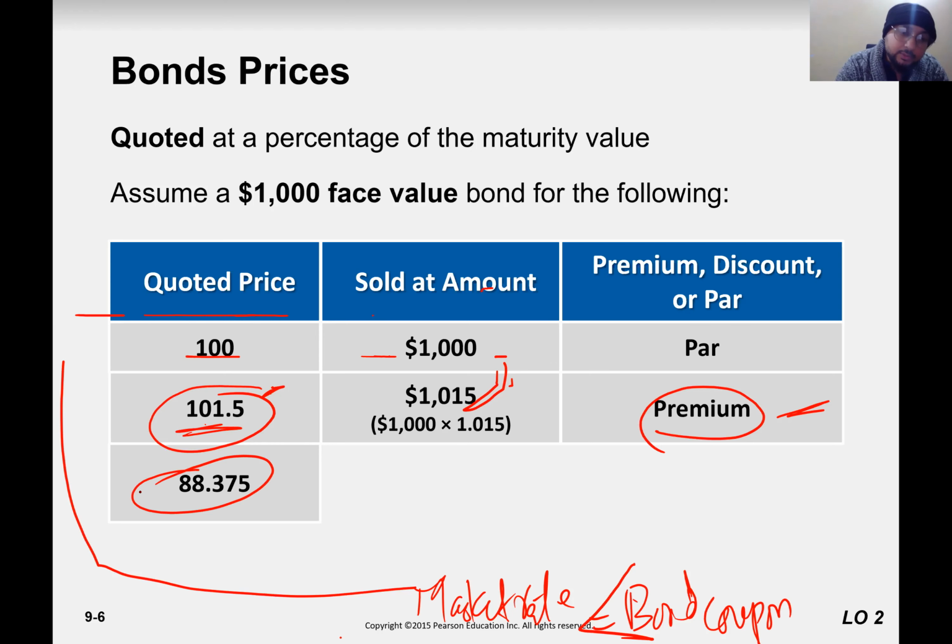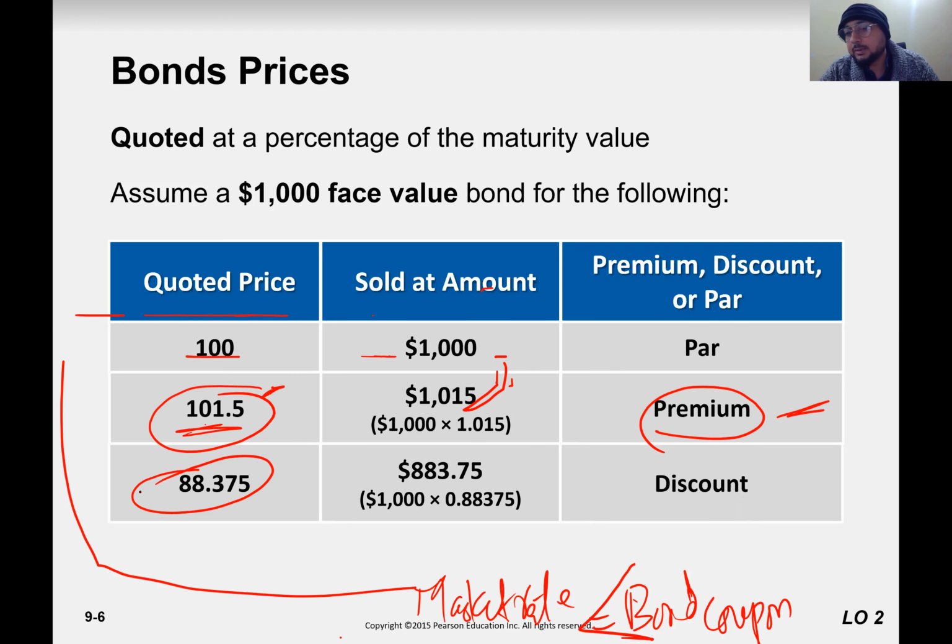Now you see here 88.375. It means the bond is issued or traded at a discount.